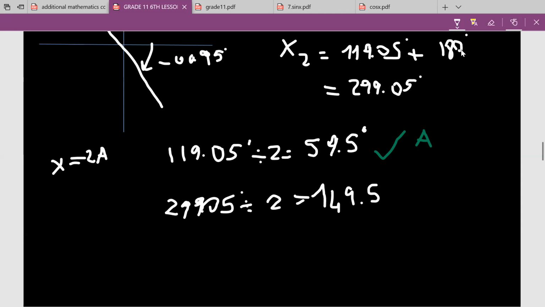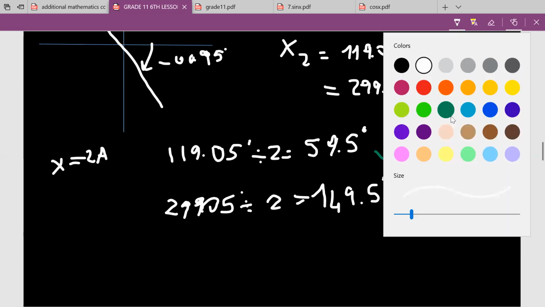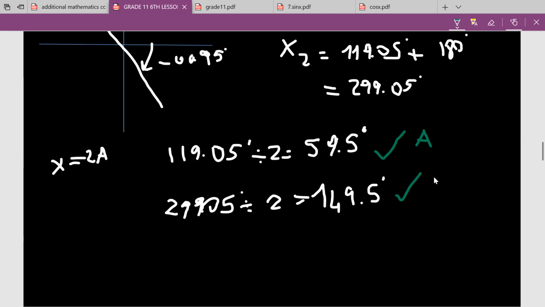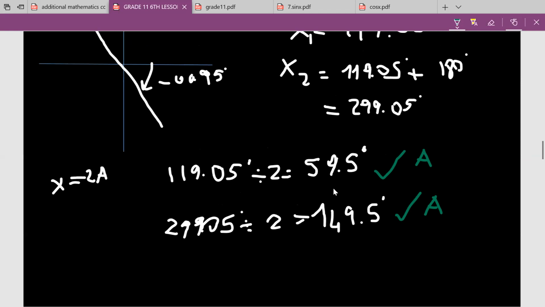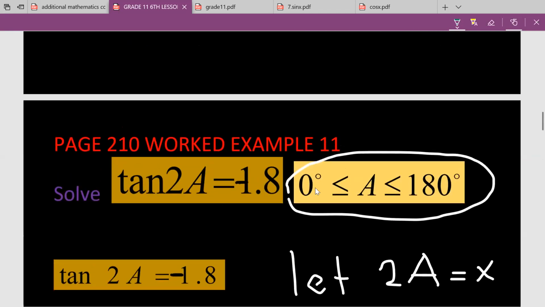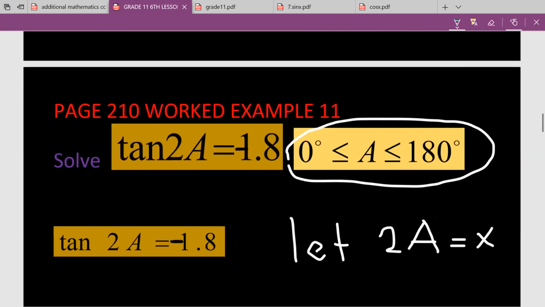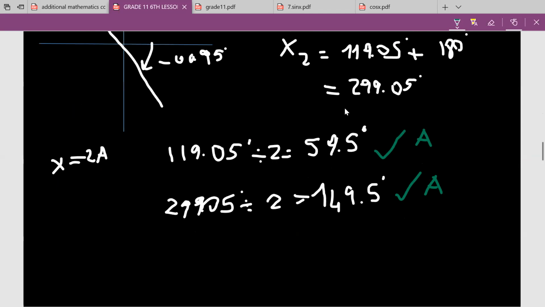Is it between 0 and 180 degrees? Yes, it is. So this is also a solution. We have two solutions for the value of a between 0 and 180. What are they? The first one is 59.5 degrees and the second one is 149.5 degrees.